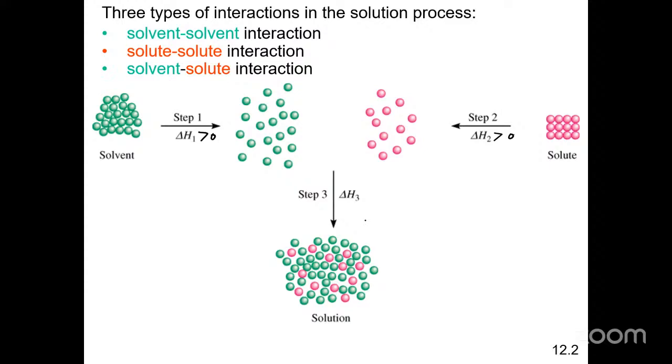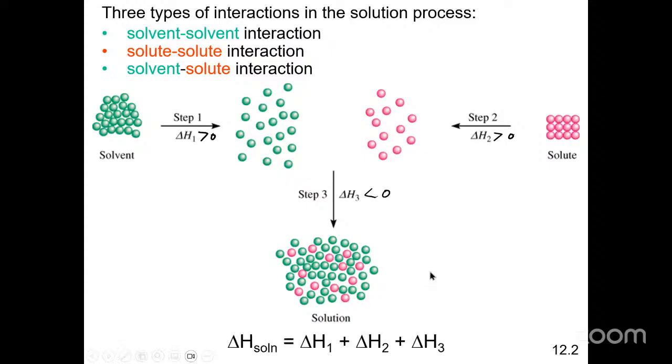Now, of course, you're going to have forces between the solute and solvent particles, right? So therefore, bonds are being formed, and as a result, the enthalpy change for that process would be negative, right? So basically, we have a combination of endothermic and exothermic processes occurring as you're going from your separate solute and solvent to your solution, all right?